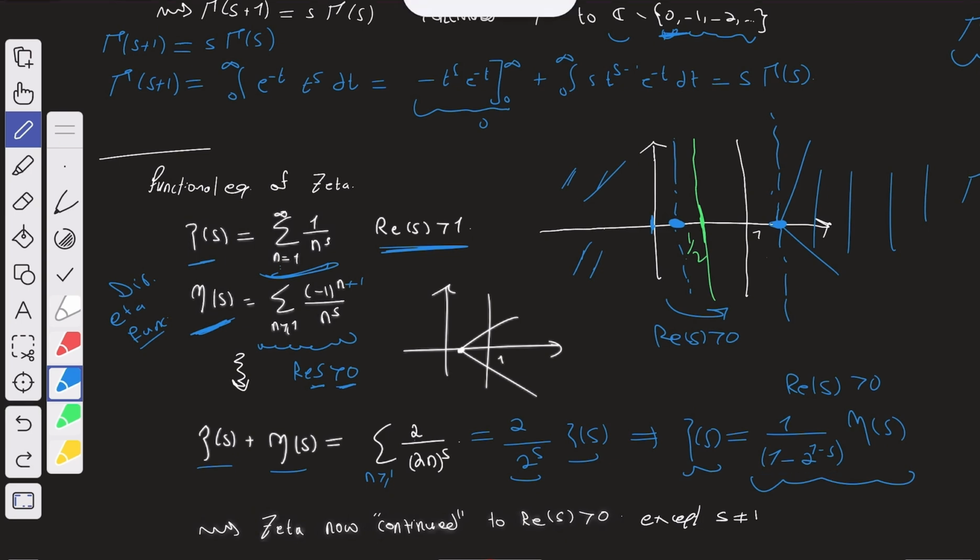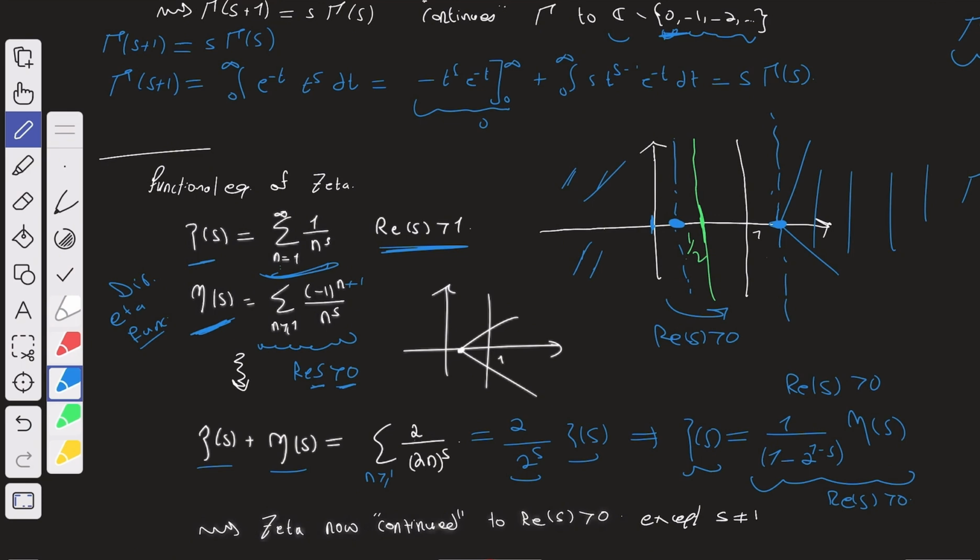So this function on the right is regular for the real part of s strictly bigger than 0, and hence we've just analytically continued zeta to the right half plane, except for a pole at s equals 1.